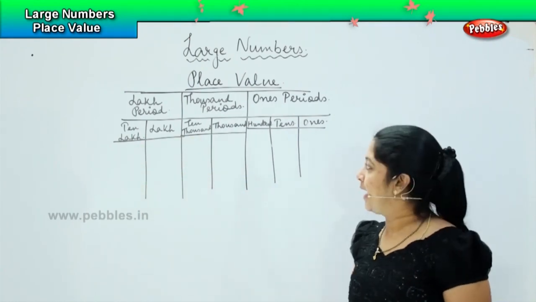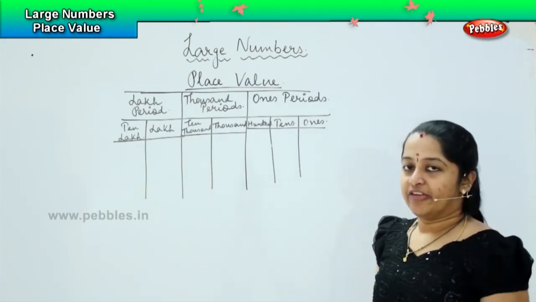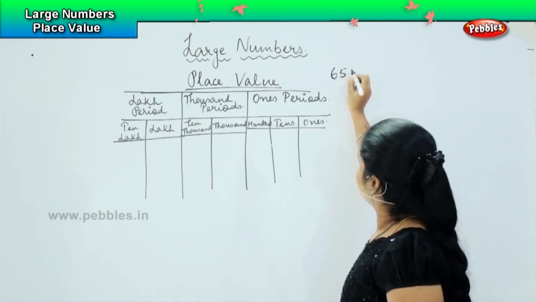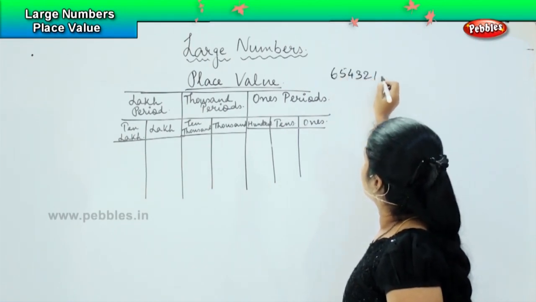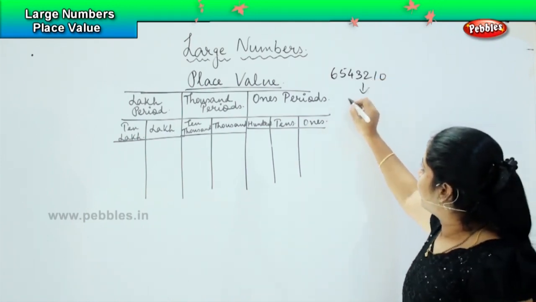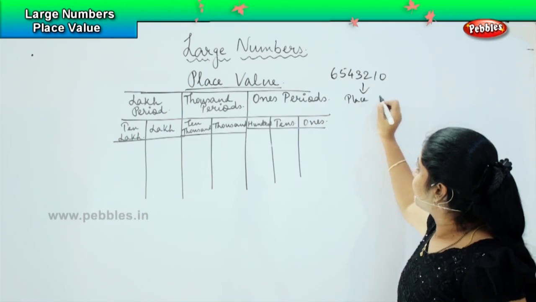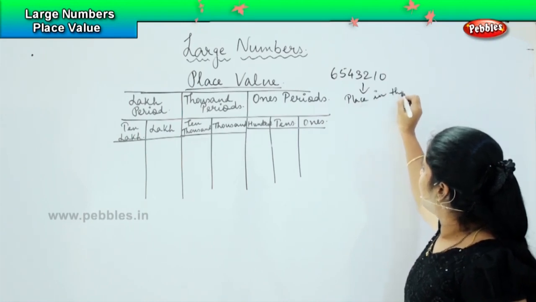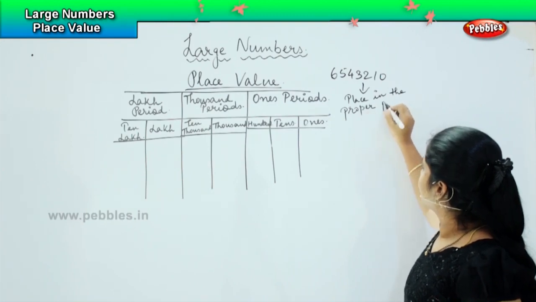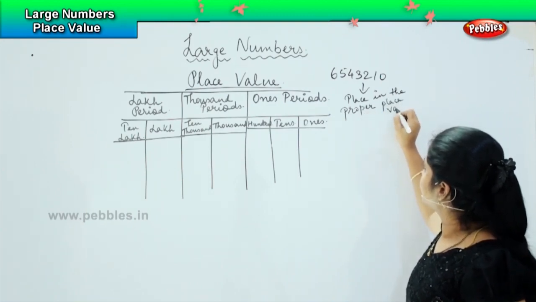Okay. Say for example, if I have to write the number 6543210, and this number I have to place in the proper place value.